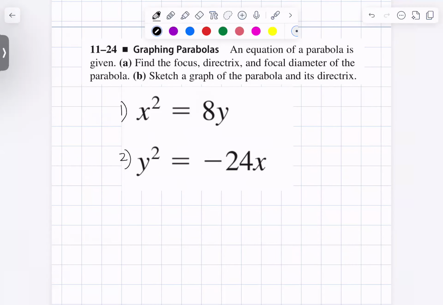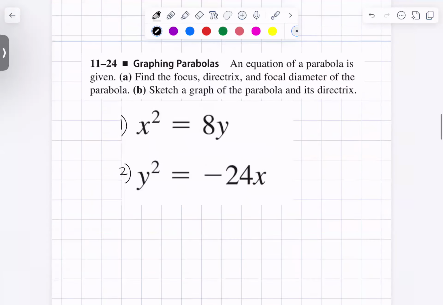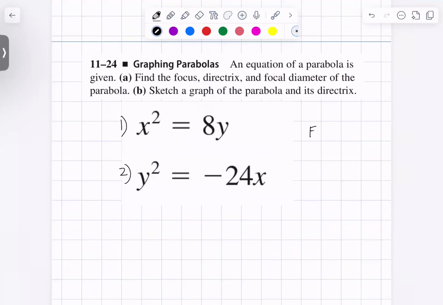The focal diameter is just the absolute value of 4p. Okay, so that p value is essential.